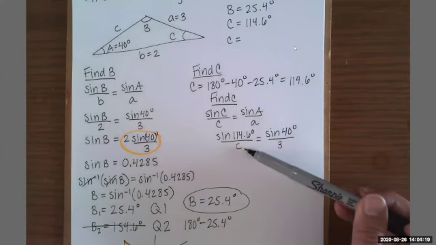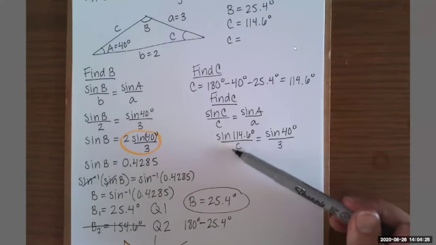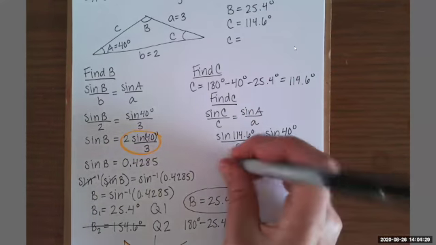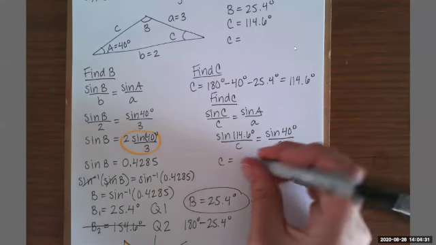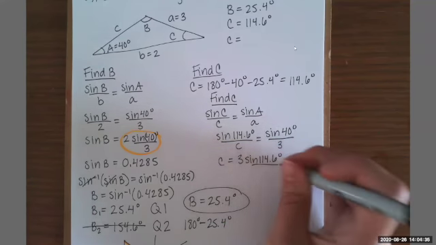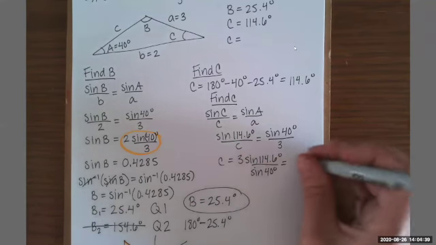We're solving for C, so again, you're welcome to do this in as many steps as you need to, but you might be recognizing this pattern by now. I'm going to multiply both sides by C and then multiply both sides by the reciprocal, giving me C is equal to 3 sine of 114.6 over sine of 40, which is 4.24.